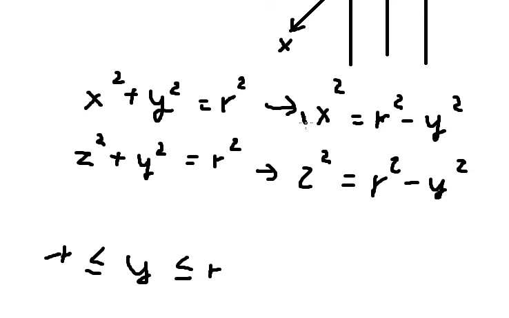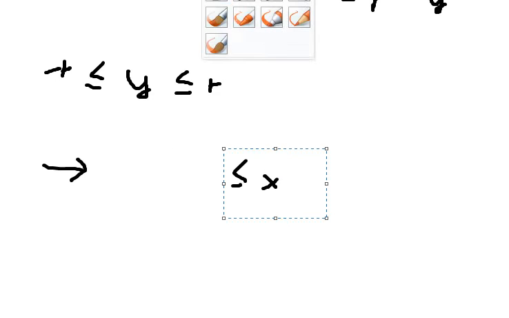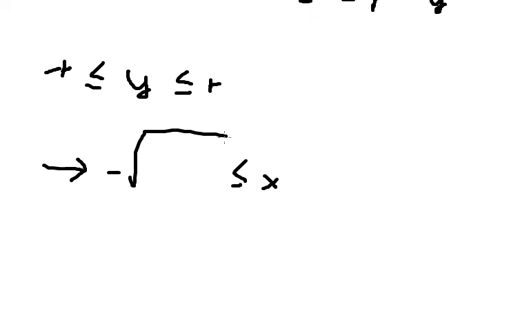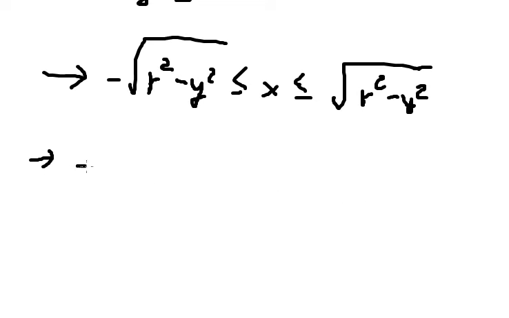So we put the square root on both sides, and we got like this. So x is between negative square root of r square minus y square, and positive square root of r square minus y square. And this one we have like this.